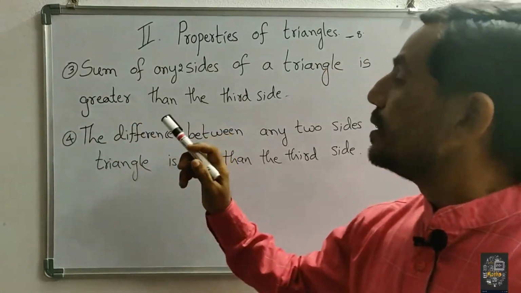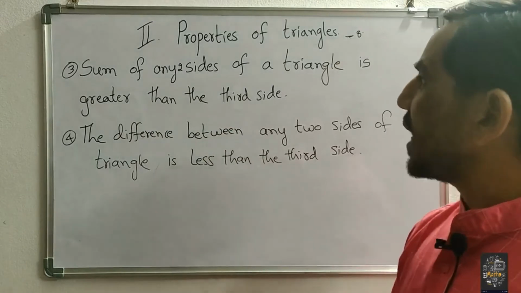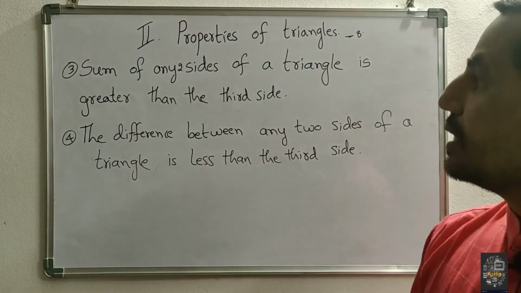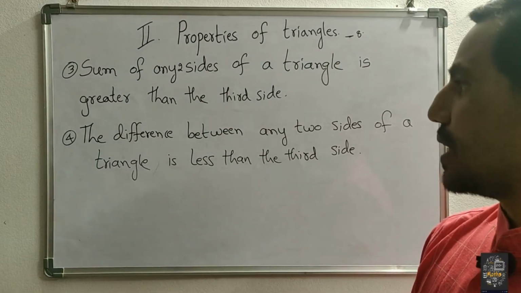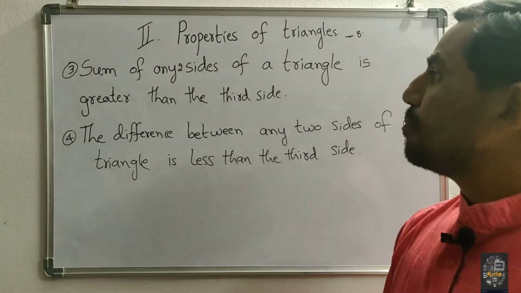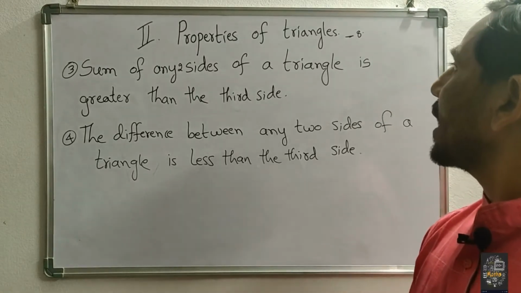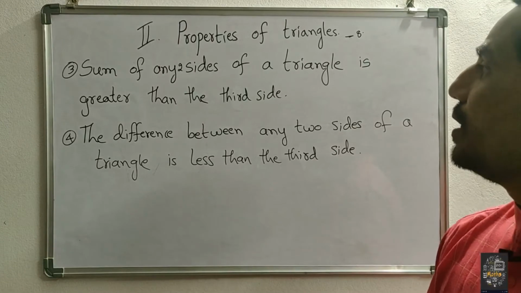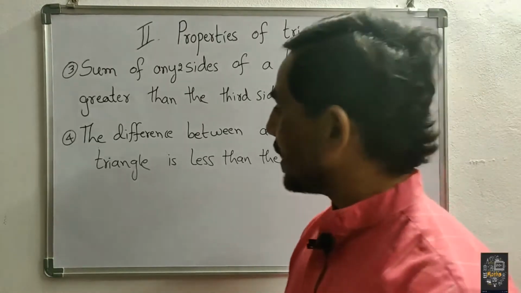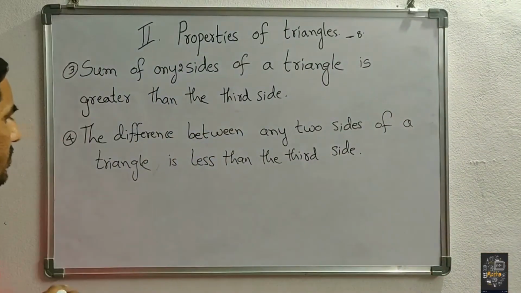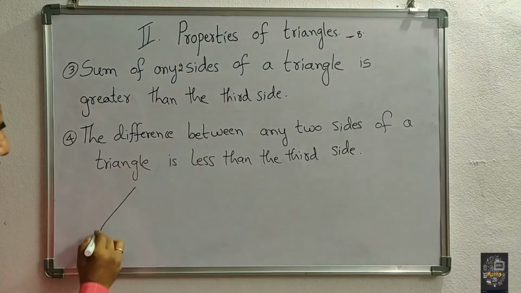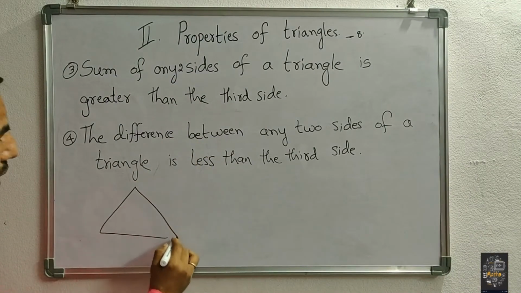Third one: the sum of any two sides of a triangle is greater than the third side. Once again, the sum of any two sides of a triangle is greater than the third side. I will take the diagram. This is the triangle ABC.